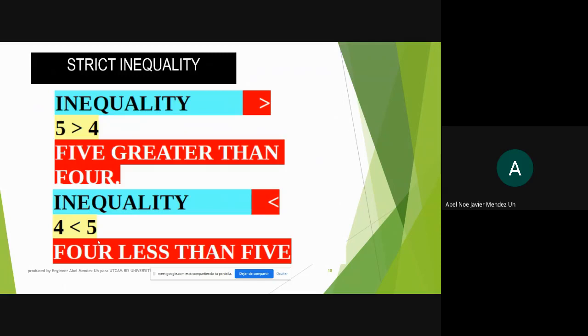Another inequality with the symbol less than: 4 less than 5. Okay, are superlatives.